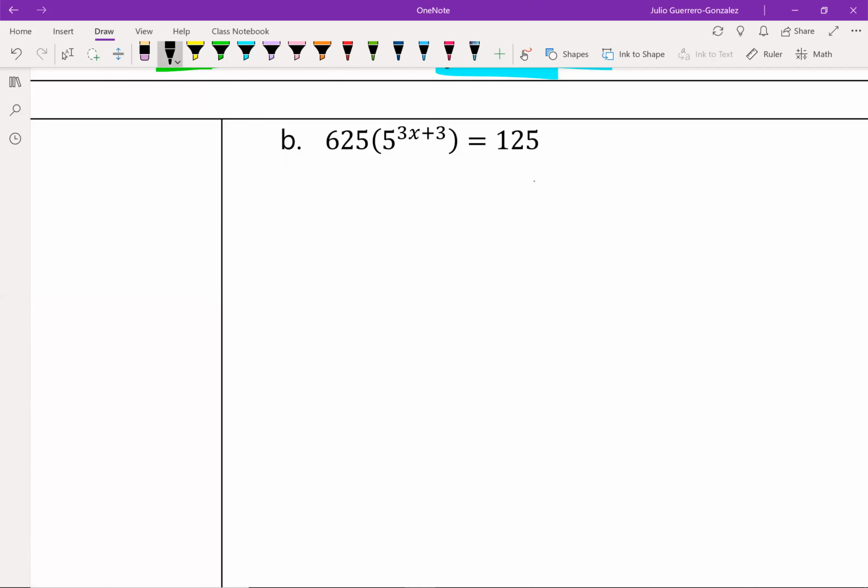We need this thing by itself, so I'm going to divide by 625, divide by 625. That leaves me with 5 to the 3x plus 3 is equal to 1/5.